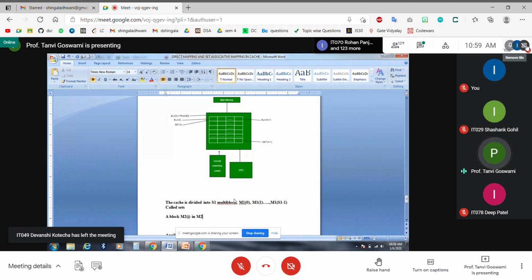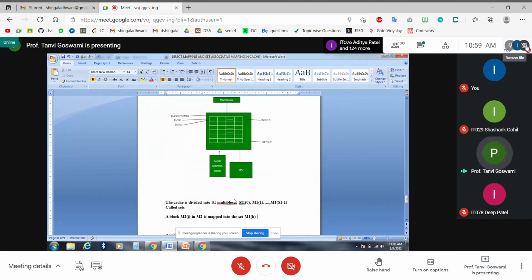The ith block of M2, which is the second level of memory, will be mapped into M1. But in which set? Let us say in set number H.